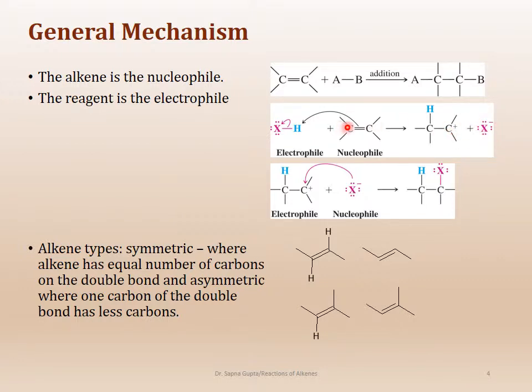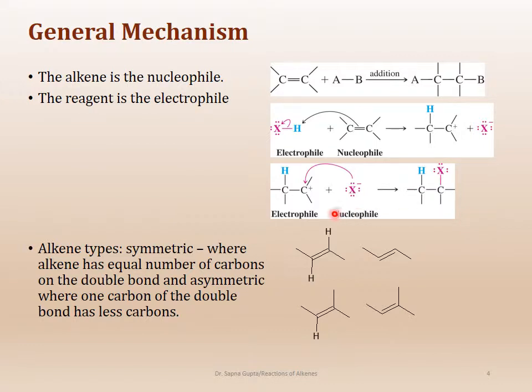So now we've reversed everything. Now the carbocation becomes the electrophile, because that is electron poor. The conjugate base now is your nucleophile. That will go ahead and attack the carbocation, and here's your addition reaction, HX, HCl added.